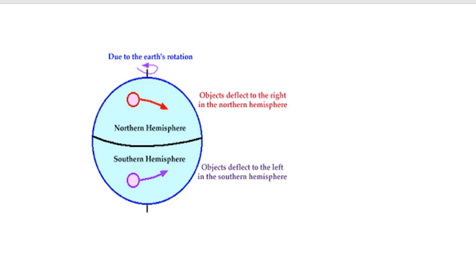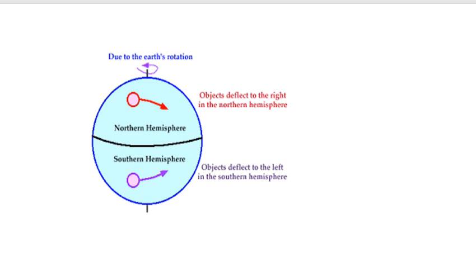So this Coriolis force causes the water currents and also causes the cyclones to occur. The warm currents and cold currents are also formed because of this Coriolis force.